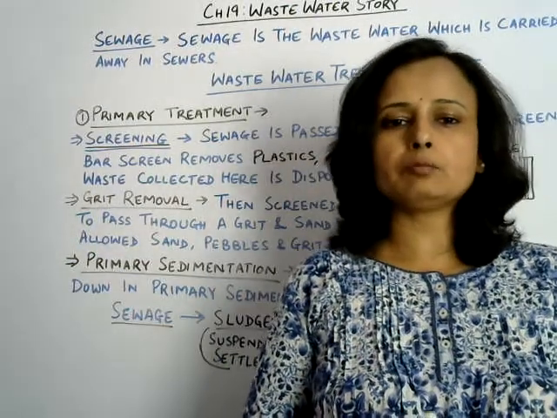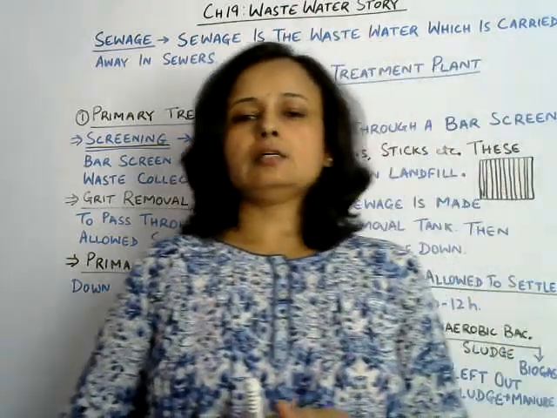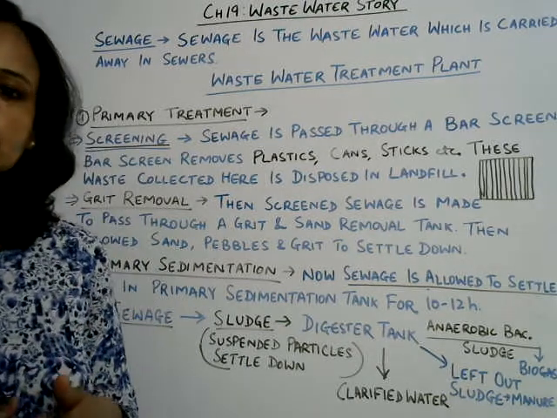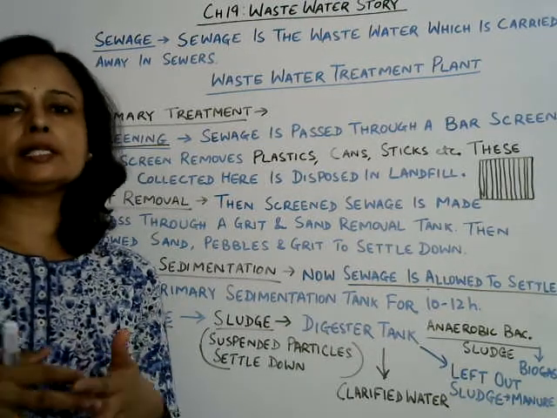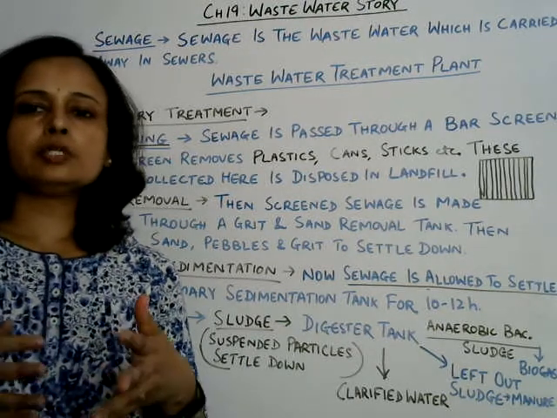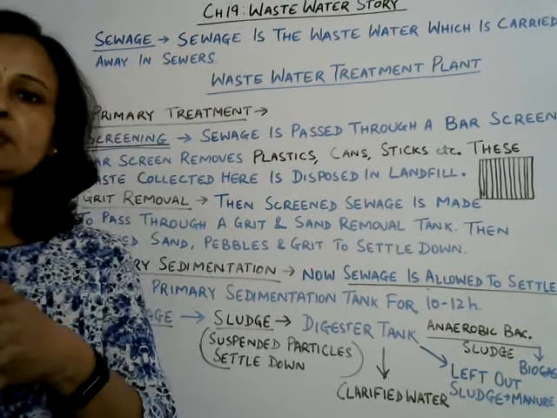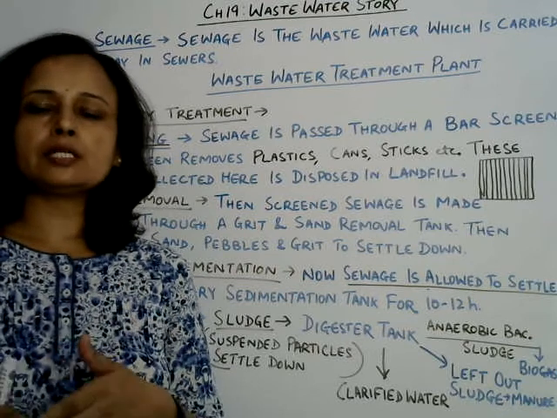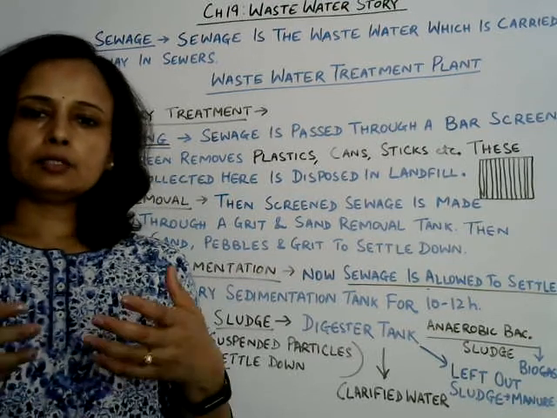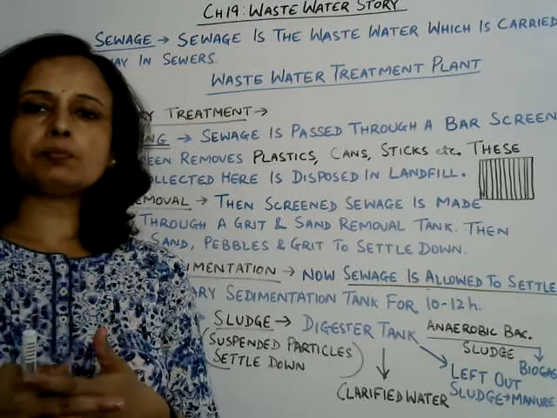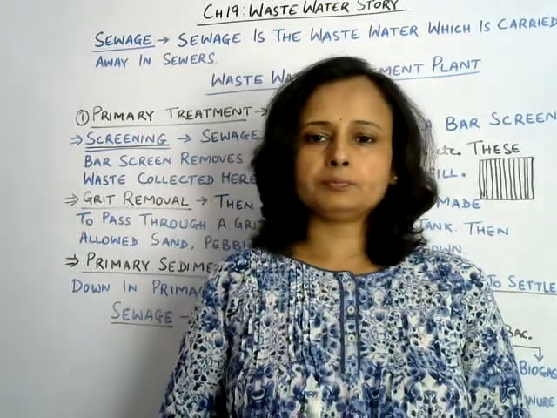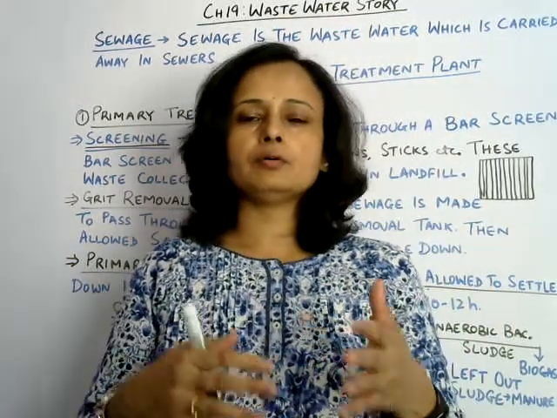Next one is grit removal. The screened sewage is made to pass through a grit and sand removal tank, in which basically pebbles, sand and grit are not allowed to pass, because in that tank water is allowed to settle down for some time.